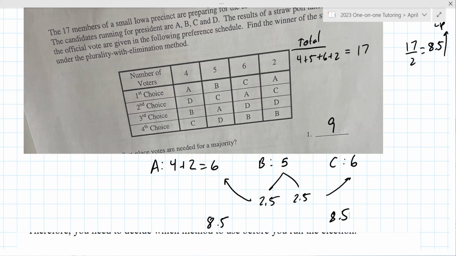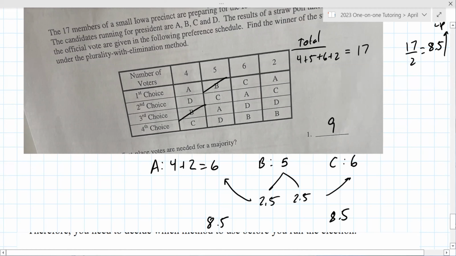Do you have any other notes from class on this one? All right, so it says since we eliminate B, we eliminate it from all the places that B appears.